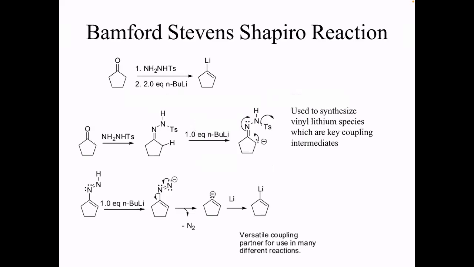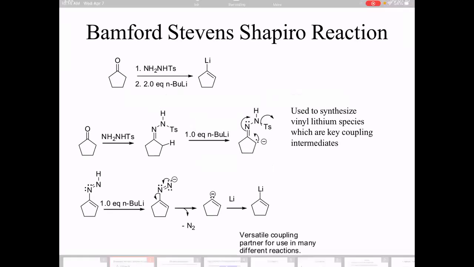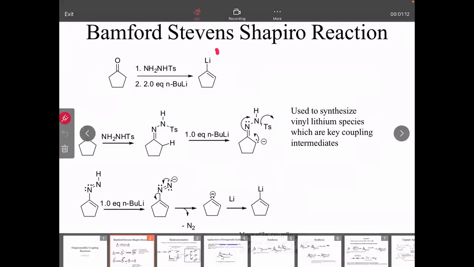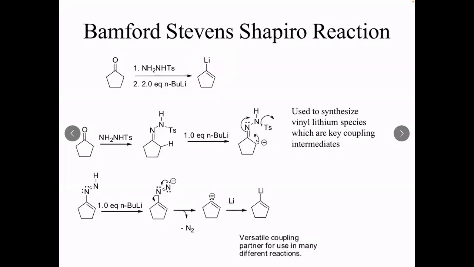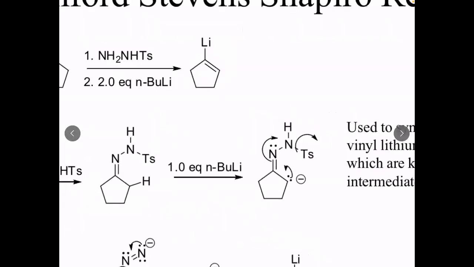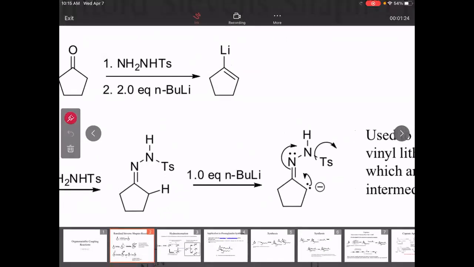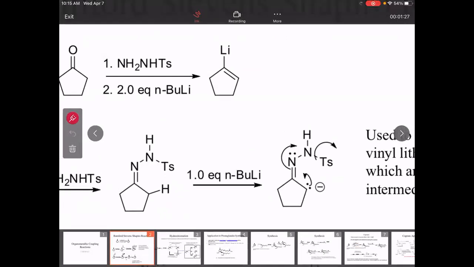One of the critical species to be able to generate is what we call a vinyl lithium, which is this species right here. We call it a vinyl lithium because of what it is. You can see that there is an alkene, which is your vinyl group, and then the lithium, which is covalently bound to it.